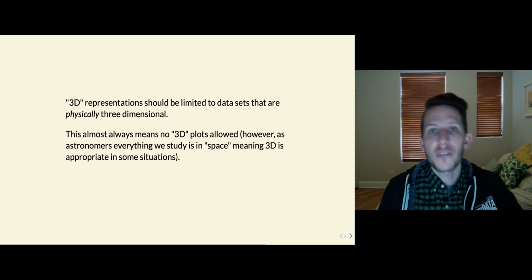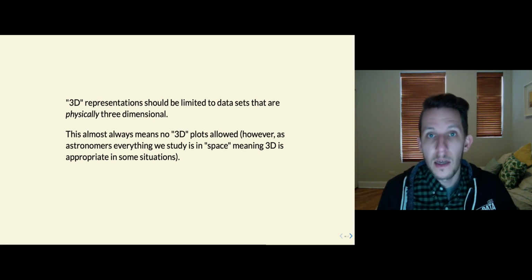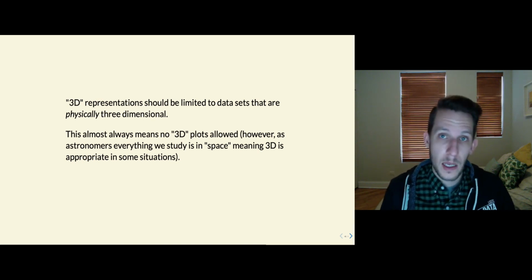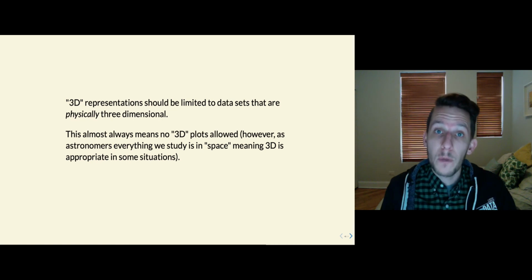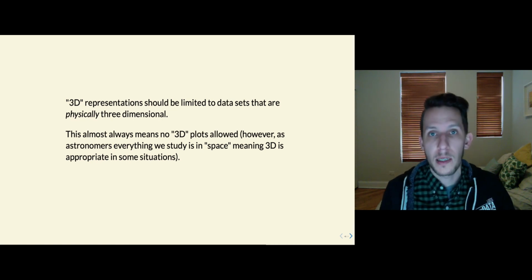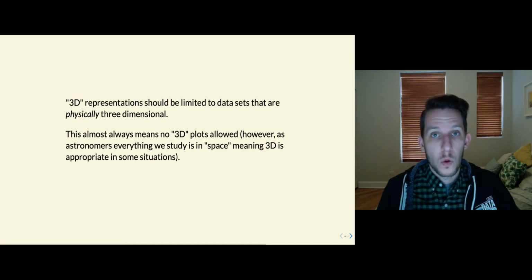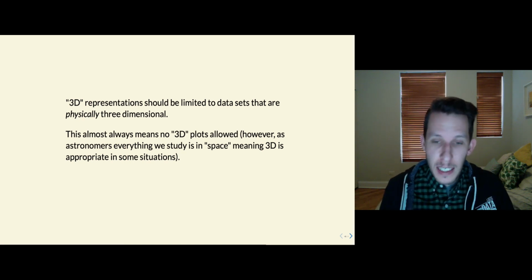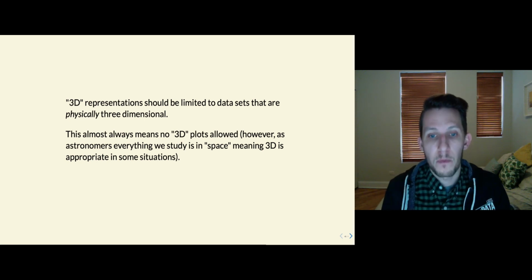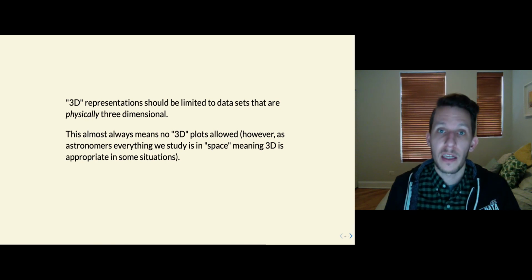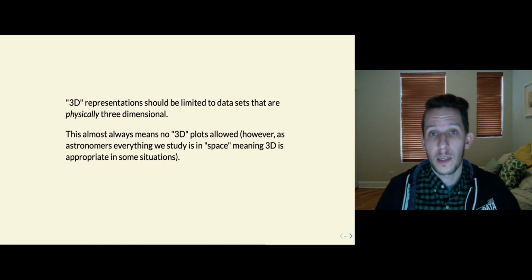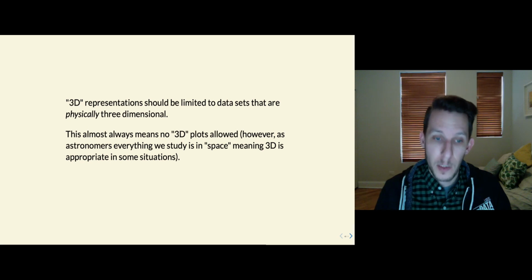If you have a bunch of different measurements of the same galaxies, say the mass, the metallicity, and the star formation rate, those things are not physically in 3D, and so they would be much better served being represented in 2 dimensions. So, as practicing astronomers, essentially you should never be thinking about building a 3D visualization unless you're showing something that is physically moving or exists physically within space.